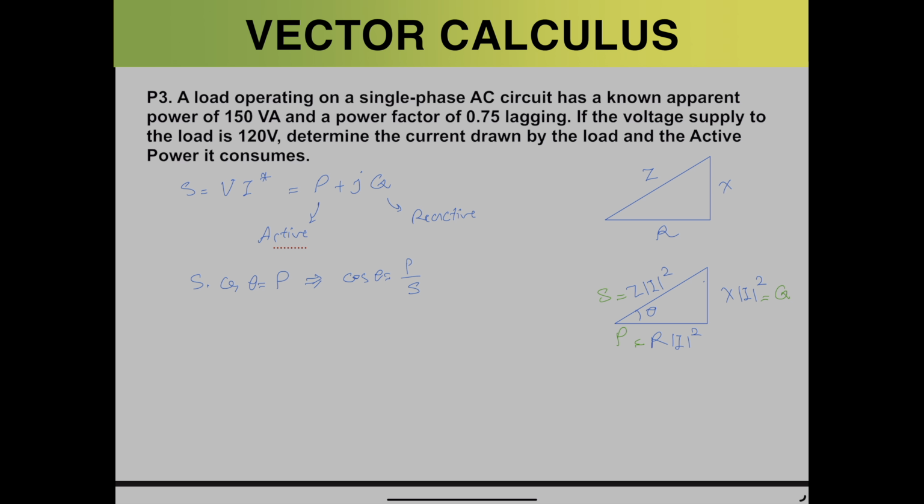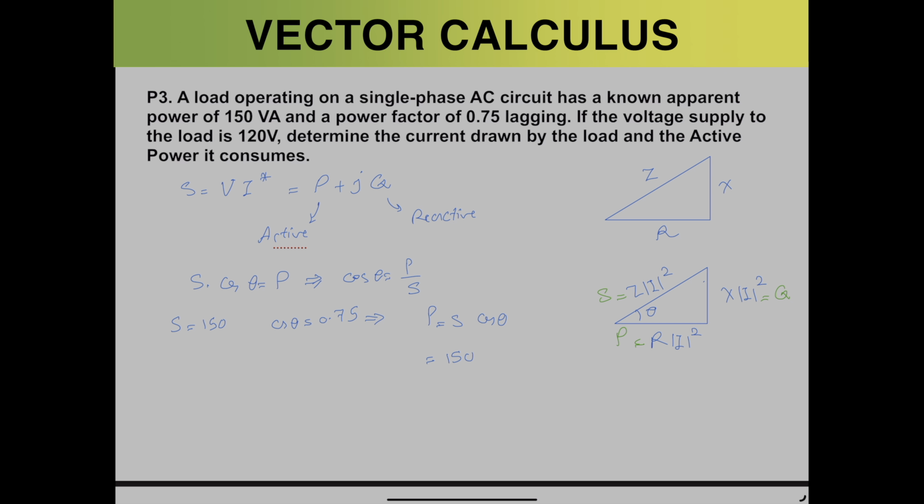The question says the apparent power, S, equals 150, and it has a power factor of 0.75. So it means cos theta is 0.75. Using this equation, we know cos theta and we know S, so we can easily find P. P is essentially S times cos theta.